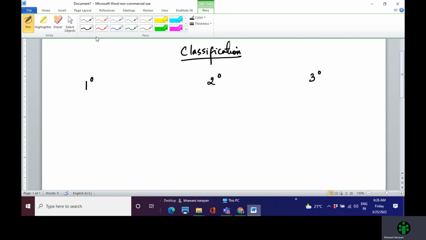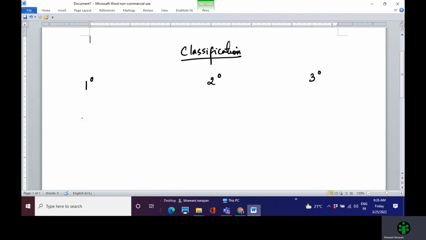Let me write in detail the structure of these to make you understand in a better way. In primary alkyl halide, the carbon containing the halogen group is connected to one more alkyl group. And the remaining are hydrogens. As you can see here, there is one alkyl group connected to the carbon containing the halogen group. So this is a primary alkyl halide.